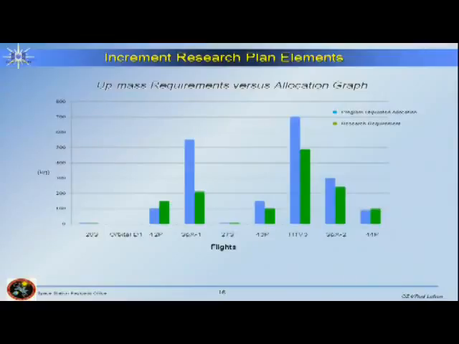One of the important things we do, that I mentioned, is that we compare the requirements that we have for the research plan that the researchers want us to do versus the allocations that are given to us by the program. We'll show a typical graph like this that shows where we are, requirements versus allocation, depending on which flight vehicle we have. In some cases we may be over the allocation, in some cases we may be under the allocation.